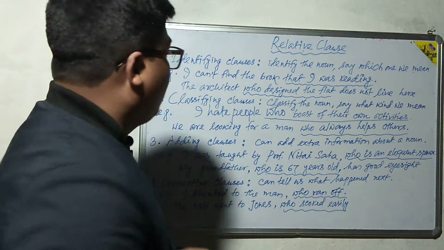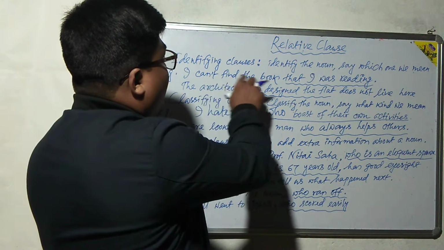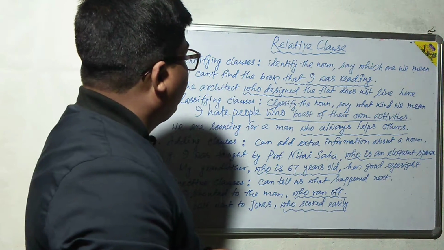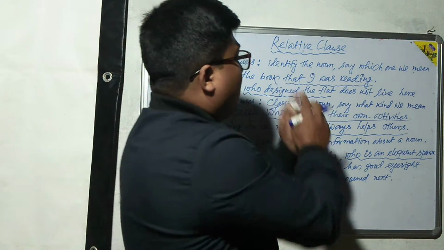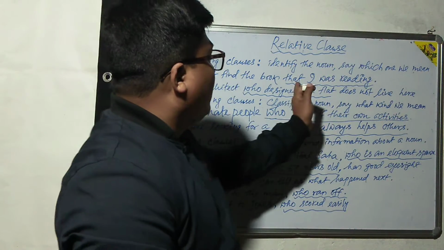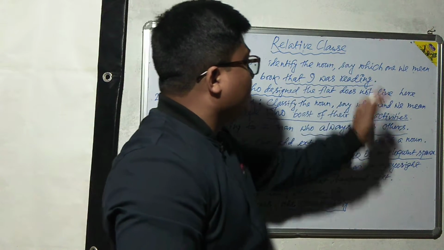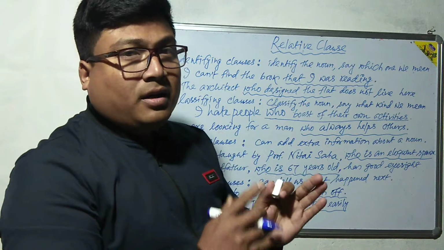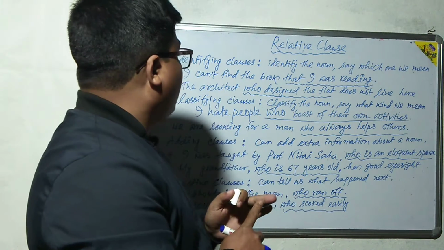Number 1, I can't find the book that I was reading. Dear friends, I have already underlined the relative clause, the identifying relative clause, that I was reading. Which book do I mean here?